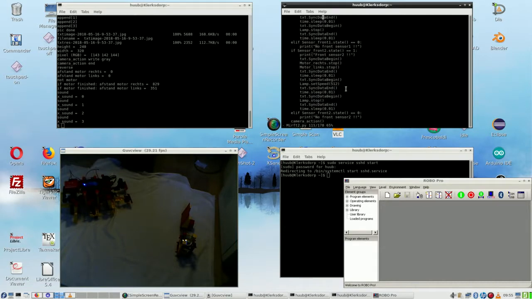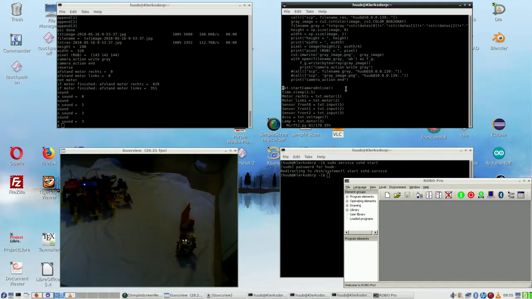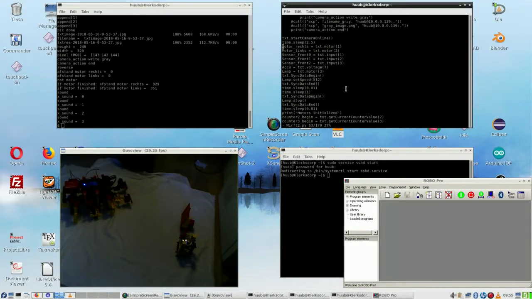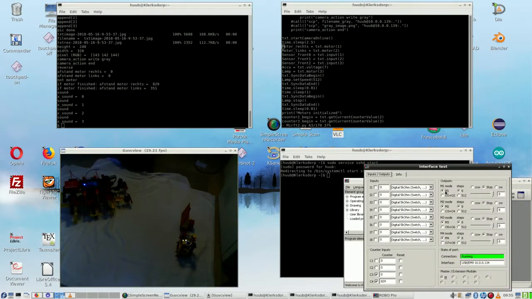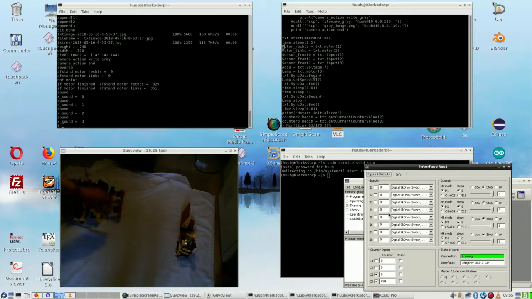Alright, let's go to how things are defined. TXT motor 1. If I look in RoboPro, this is motor 1, this is motor 2. And if I touch the sensors, of which I have 3, I press this one, and that's 1. So let me turn this around.